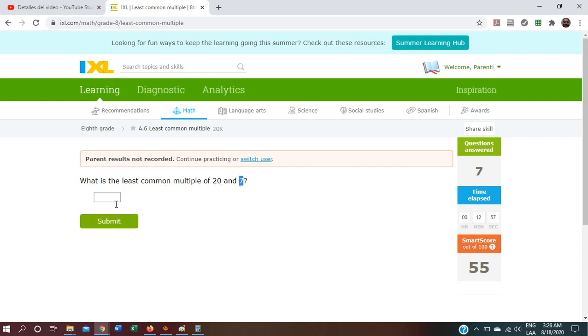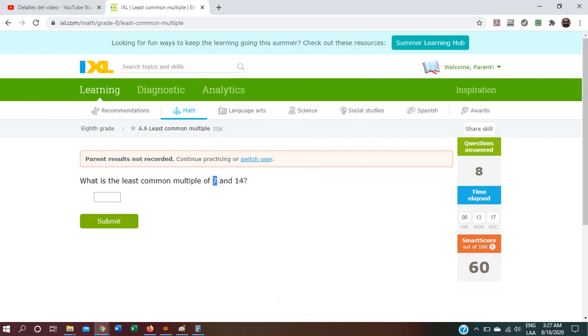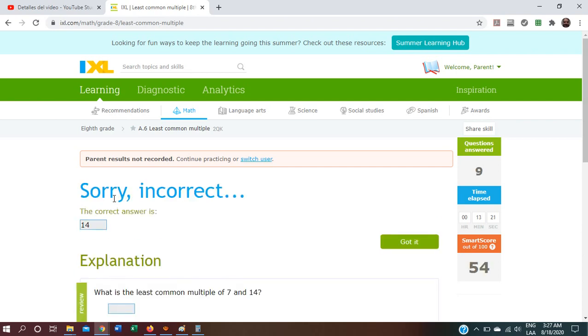So 20 times 7 equals 140. That's it. Again, I have a prime number, so I just multiply 7 times 14. 7 times 14 equals 98. Okay, 98.